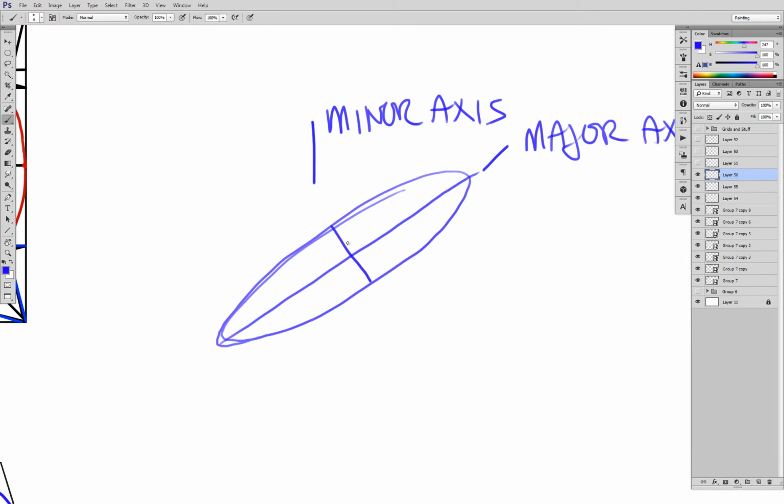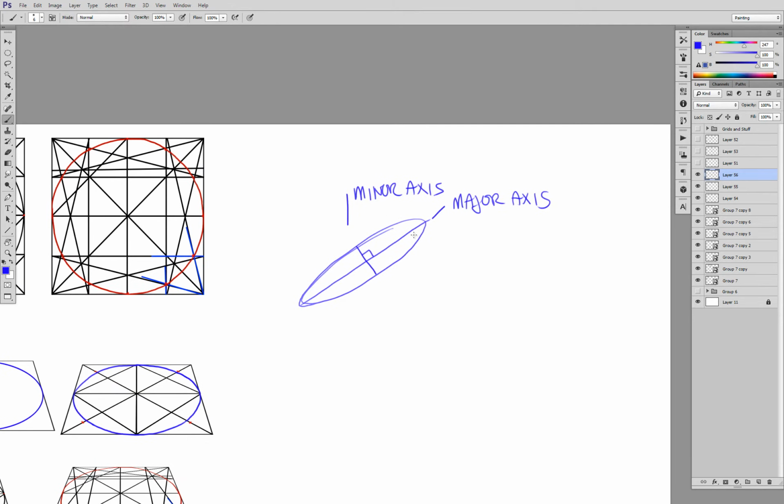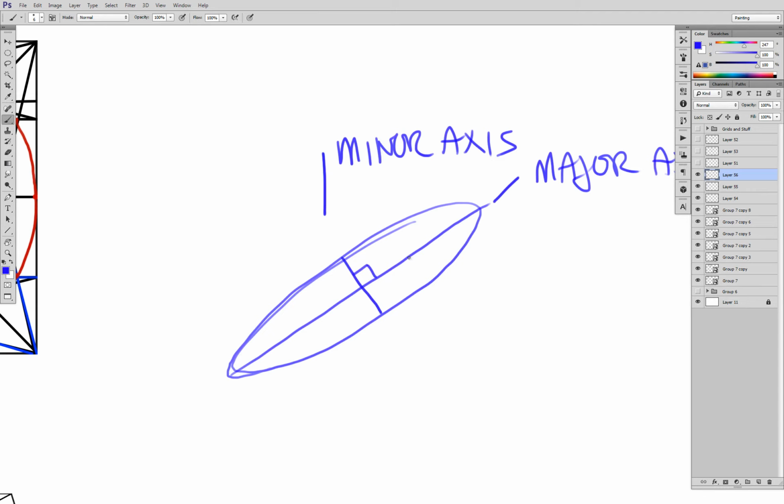The major and minor axis are almost always, given that the perspective is good and we're not doing anything else silly, and that we're not in a level of perspective distortion, using a massive wide-angle lens or something like that, trying to do something that's going to look off anyway.